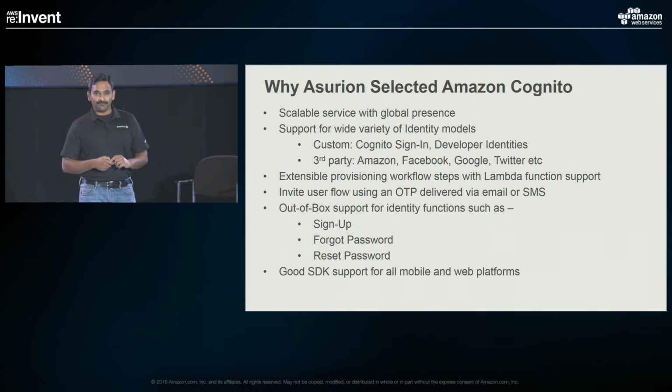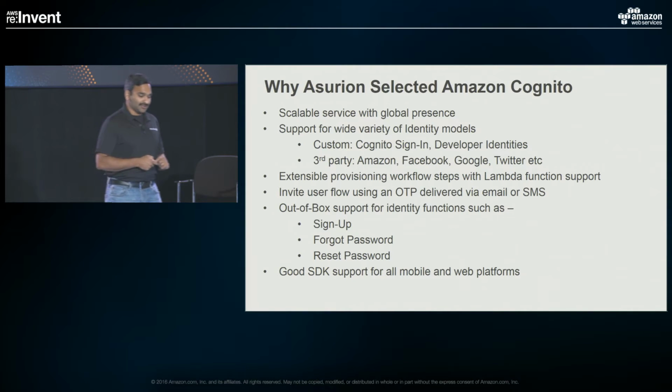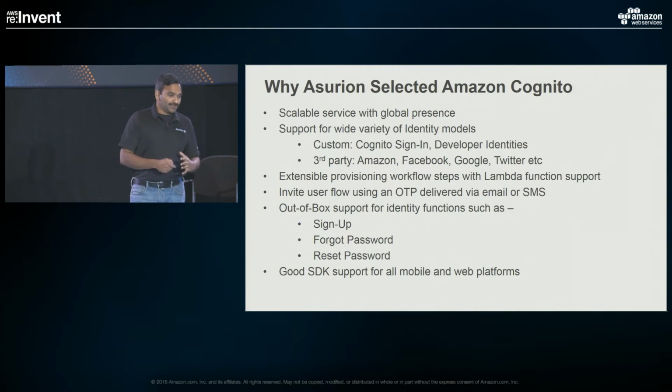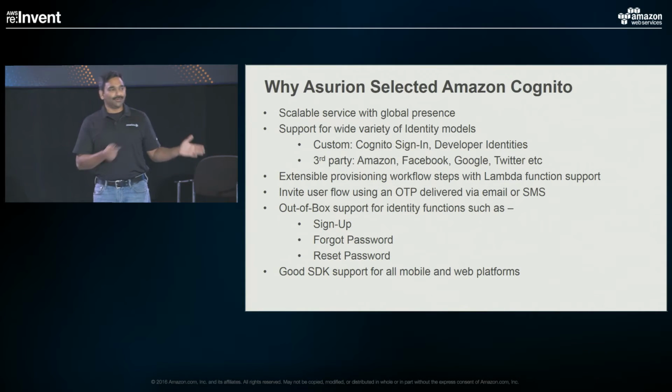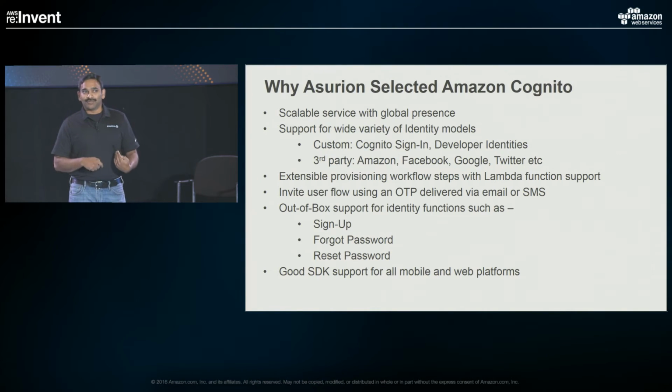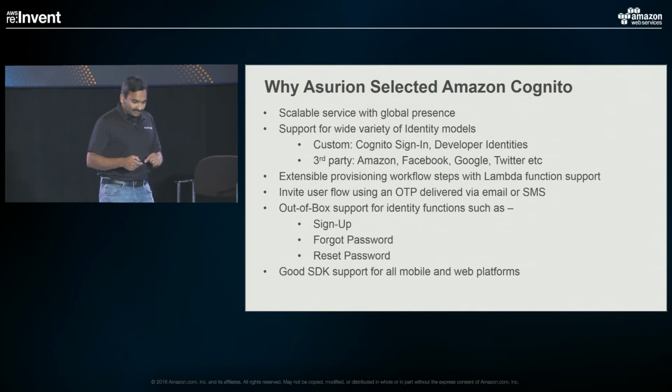And wide support for identity models, sign-in or the user pools, obviously the directory, that's what we wanted. And also the developer identities using Cognito identities so that we could leverage the existing directory that we have for our implementation while we migrate the users over to the Cognito user pools.